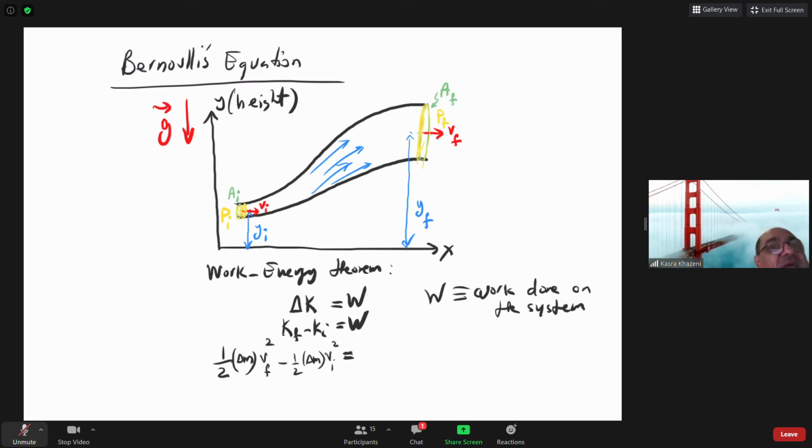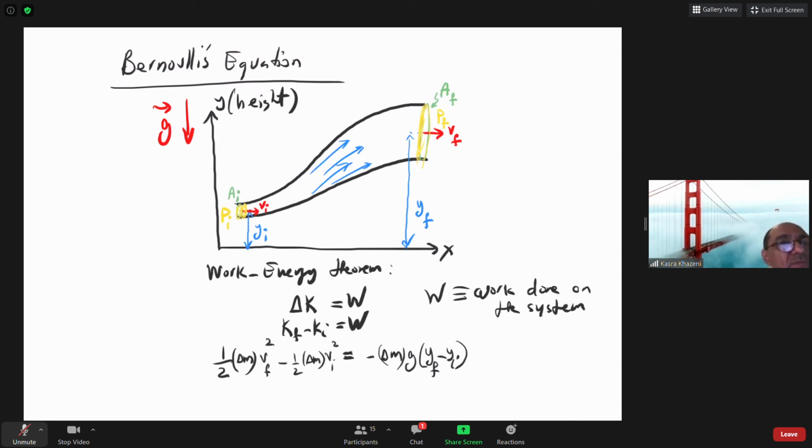Okay, so that would be minus mg, m is that little thing, mg, and the delta h, which is h final minus initial. I call it y, but this is the amount of work done on that little sliver delta m.